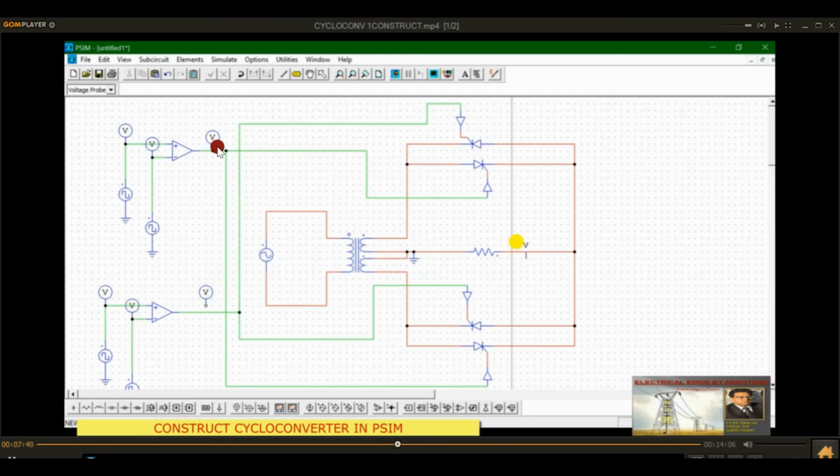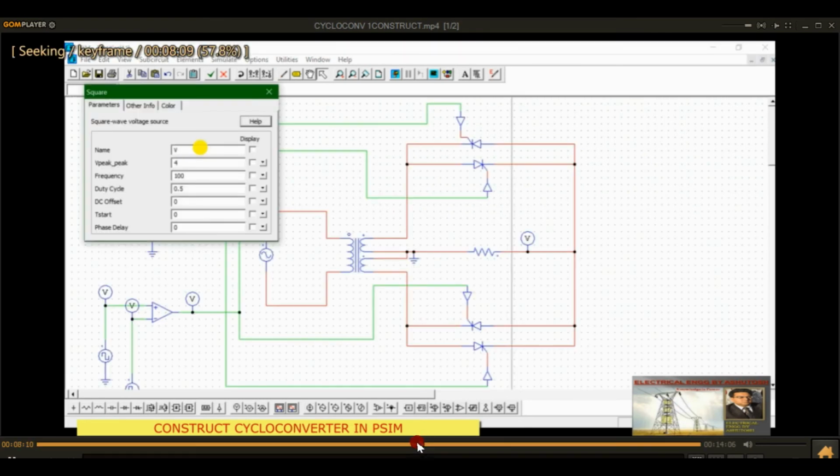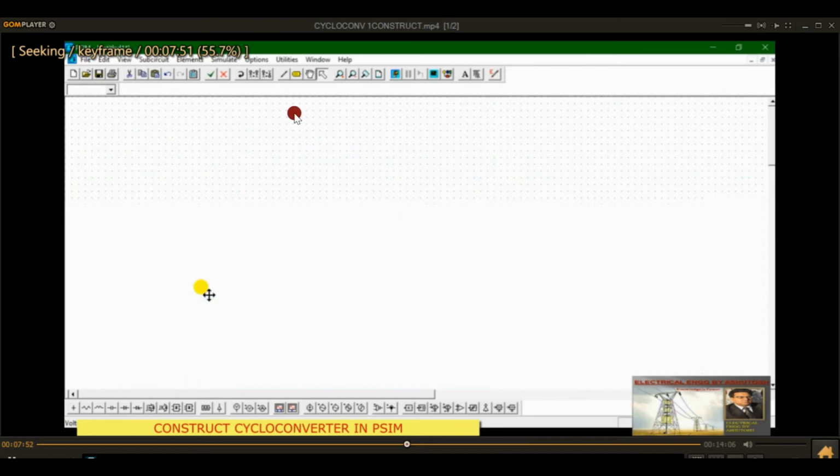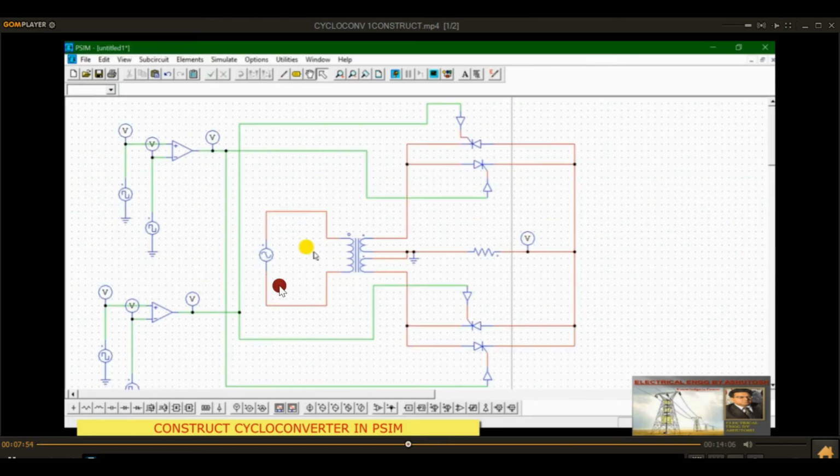Okay, you will see the output voltage will be shown. Then see how we are going to input the values. Okay, just see.